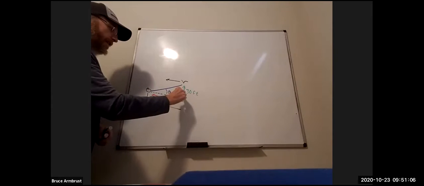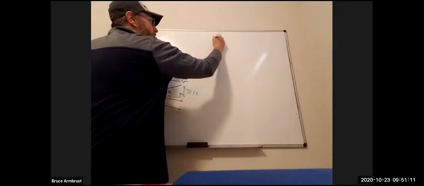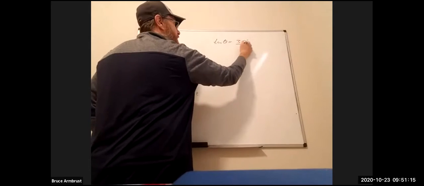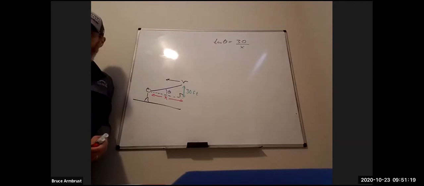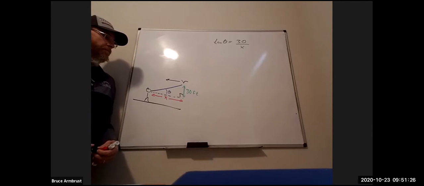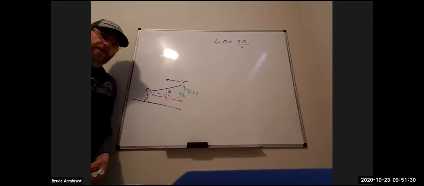I'm going to use trig because I've got a nice little right triangle here. And what I know is that the tangent of theta is equal to 30 over x. So if you were to tell me how far away that bird was, right?